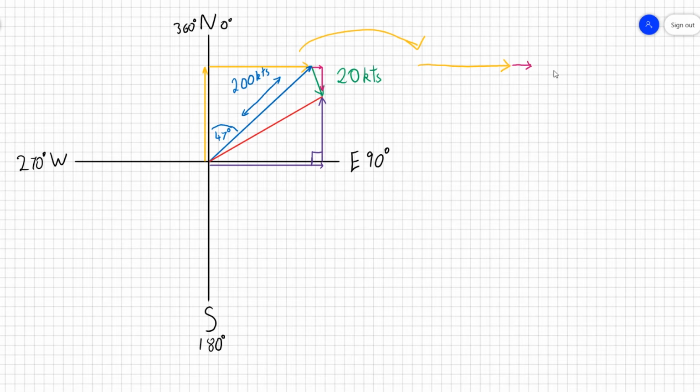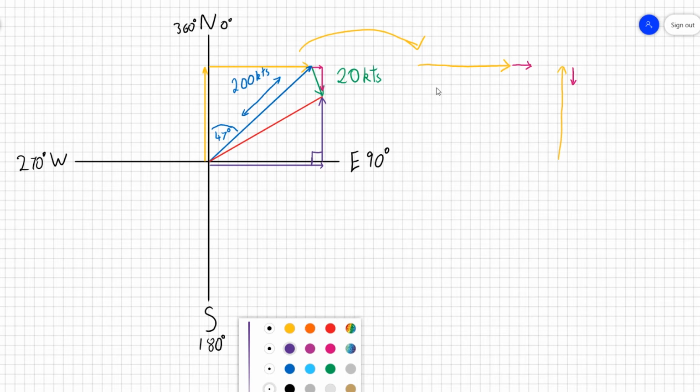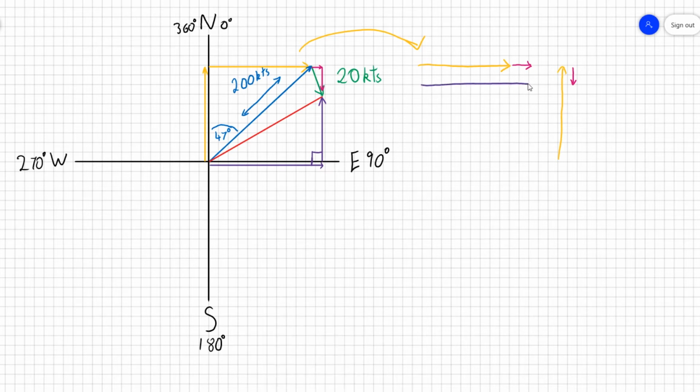And then for going down, what I'm looking at is my initial vector coming up, and then this one here is going to oppose it, coming back that way, leaving me with my final vectors of this one here, which represents that one there, and this vector here, which is the addition of those, which represents that one there. Okay, that's what we're aiming for.